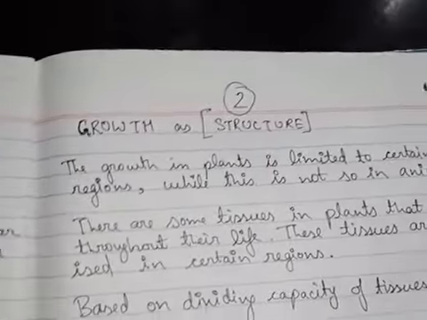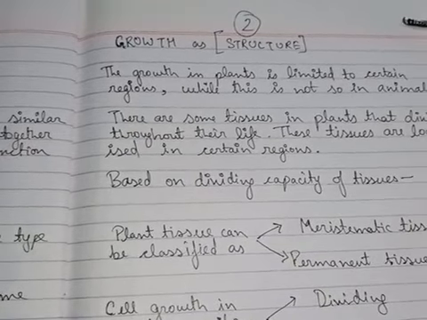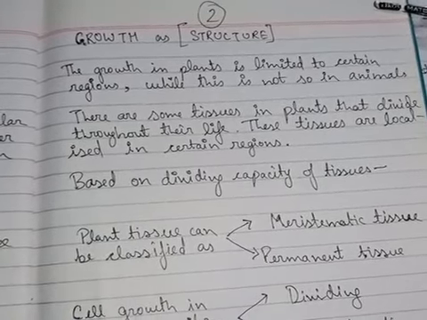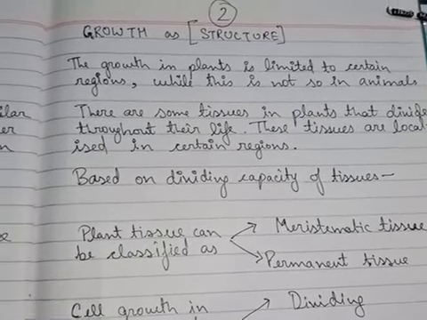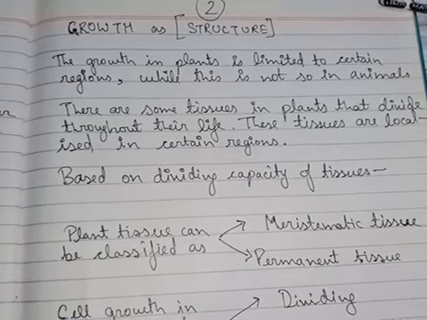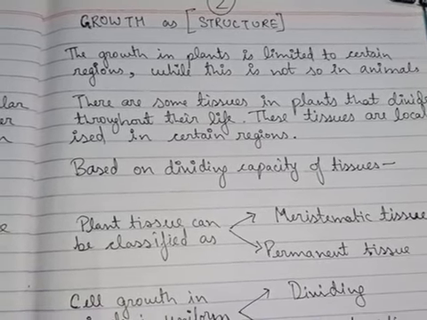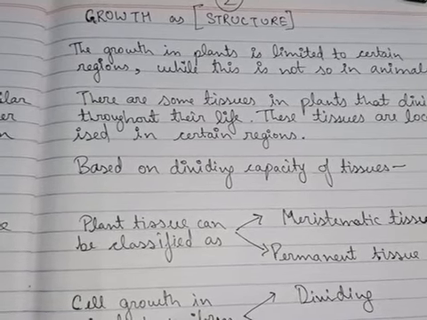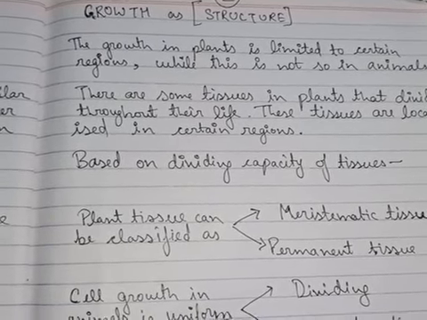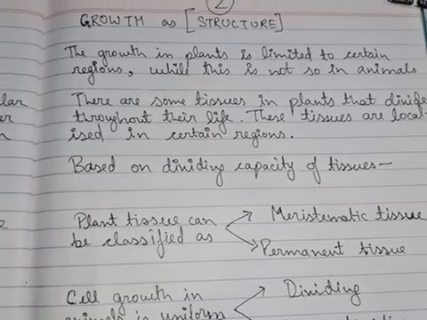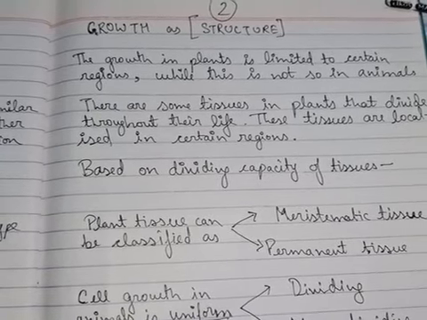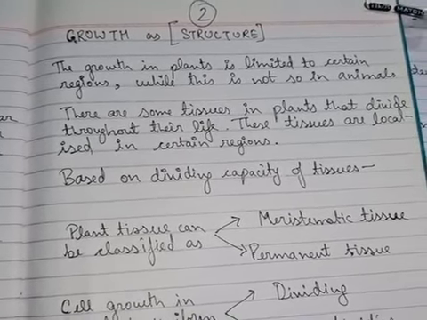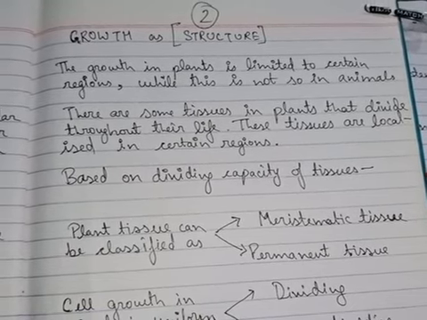Now, if we talk about growth as a difference between plants and animals, then growth in plants is limited to certain regions, while this is not so in animals. In plants, growth is limited, it means till some limit they will grow, till a certain time.